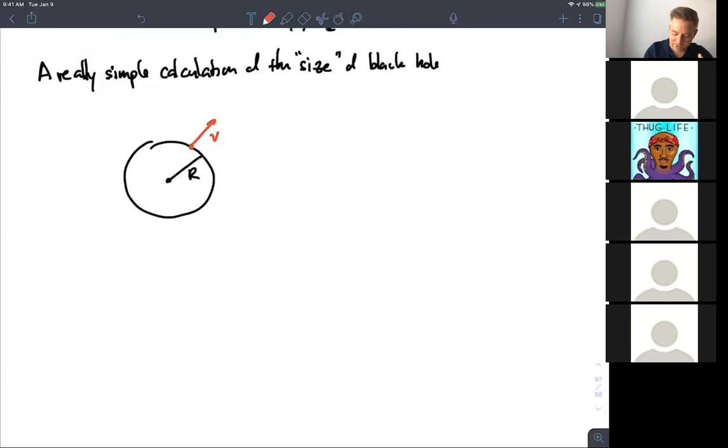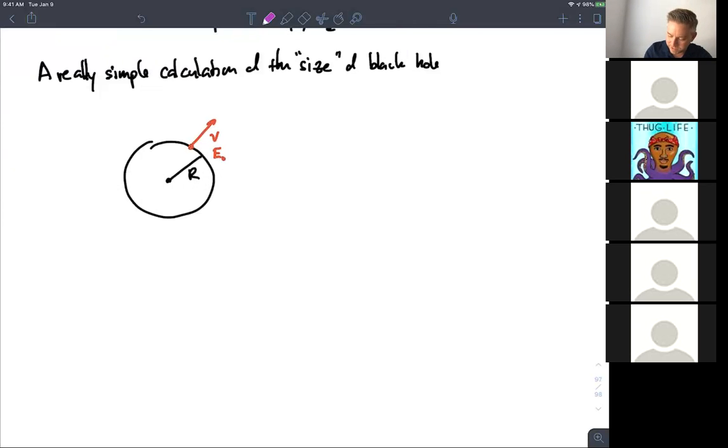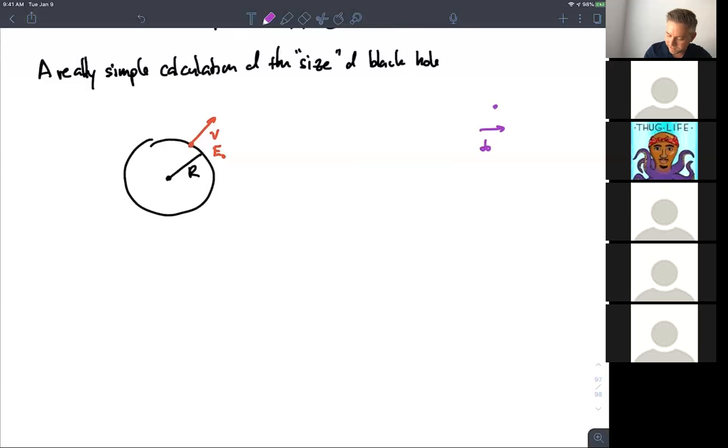So what we do is we calculate its energy here just as it leaves the surface of the black hole, which we're going to call E0. And the escape velocity is defined such that once the object escapes to infinity, okay, so here at E0, the radius of the particle, which we'll call R0, is equal to the radius of the black hole.